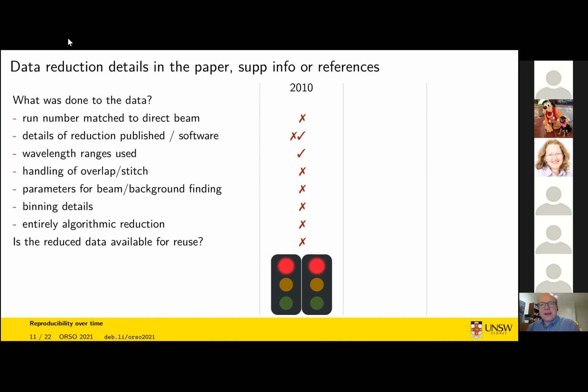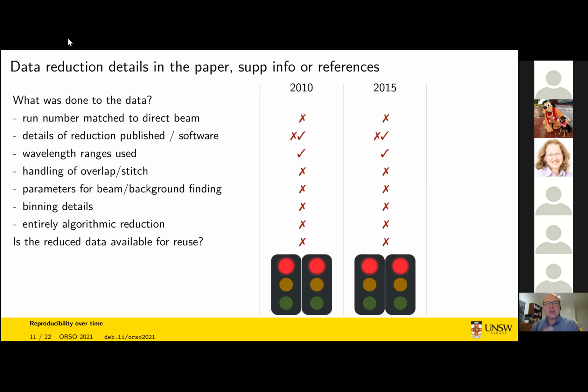As we start to think about data reduction, we start to ask what run number was matched to what direct beam for the purposes of doing the reduction. Over time, the details of how the reduction was done are often not clear, often not published, and that has not really got better with time.